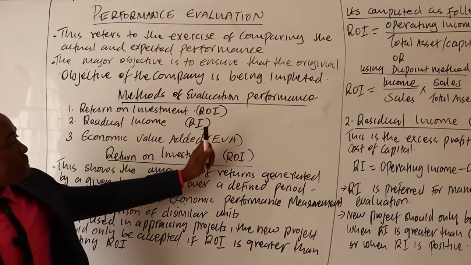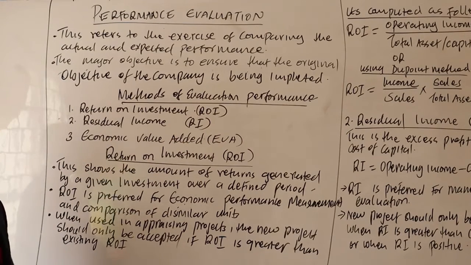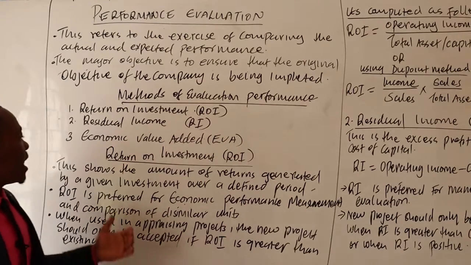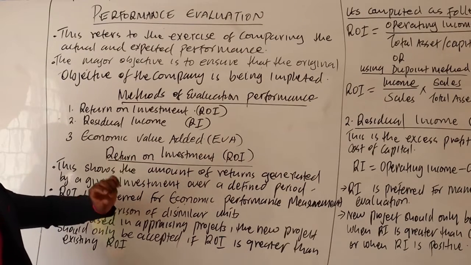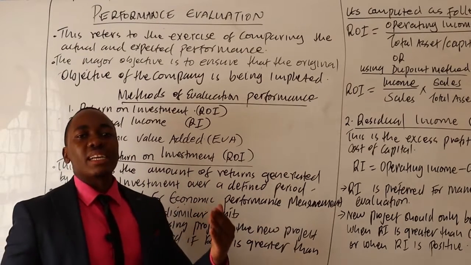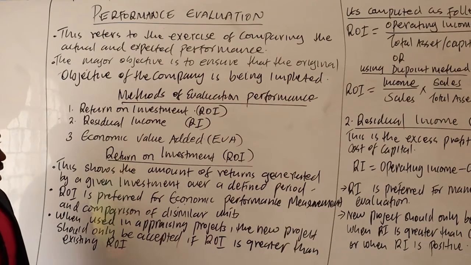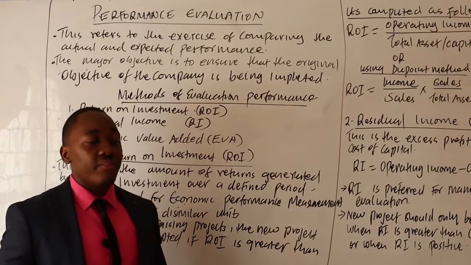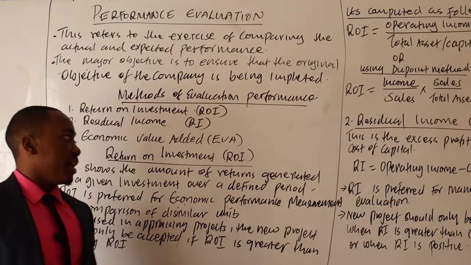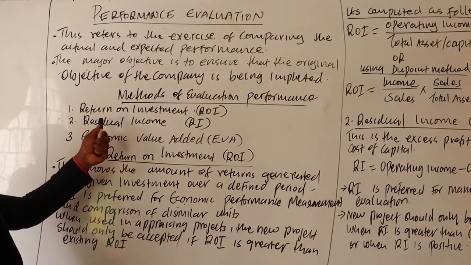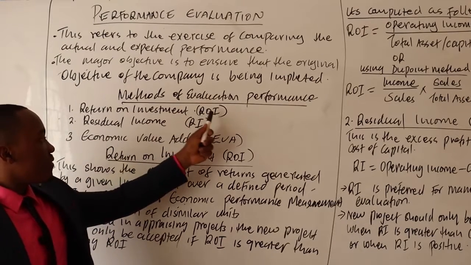Then residual income is mostly preferred when evaluating managerial performance. And then economic value added is mostly used for evaluating departmental performance, to determine whether the department has added value or destroyed value. So let's start with the first one, which is return on investment.